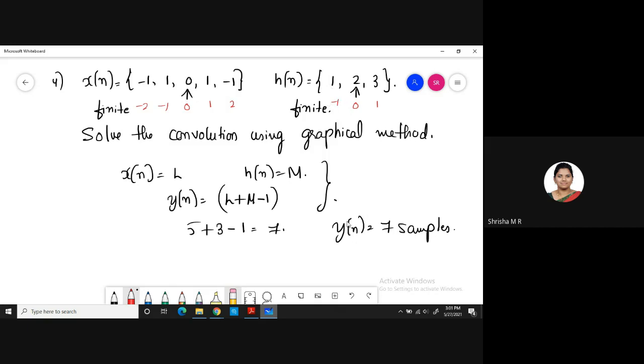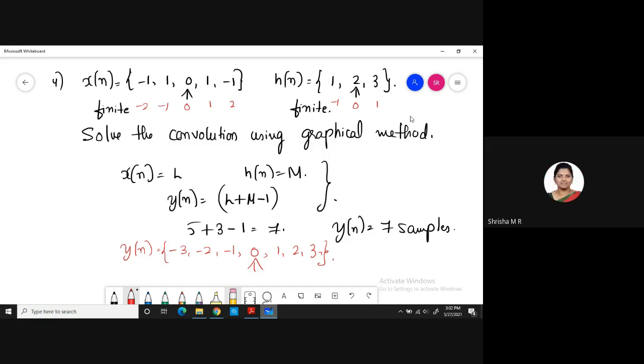So y of n will start from minus 3, minus 2, minus 1, 0. And to the right of 0, you have here 2 values and here 1 value. So right of 0 will also have 3 values, 1, 2, 3. Got it, everyone? Is it clear? Yes, ma'am.